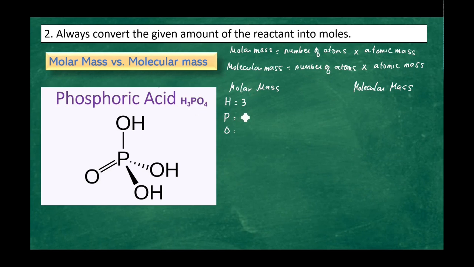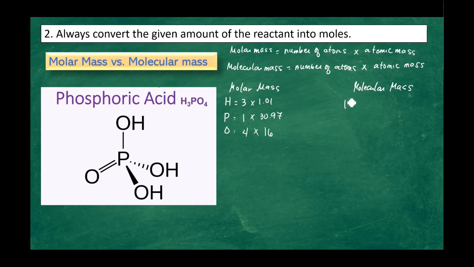Phosphorus, we don't have, meaning it is 1, and oxygen is 4. So times, times, times. Look at your periodic table and let's see the atomic mass of hydrogen. Hydrogen, class, is 1.008, so let's use 1.01, rounding it off to 2 decimal places. For our phosphorus, that will be 30.97. Then for our oxygen, that will be 16.